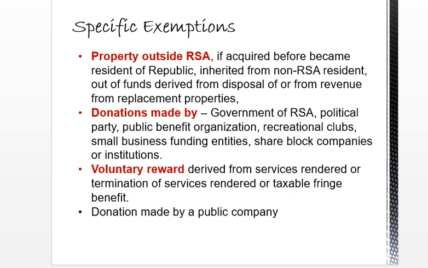So that's basically if you work for 20 years at a company and you get a watch or some cash from the company because of your services, that is specifically exempt as a donation. And any public company that makes a donation, that is also a specific exemption.